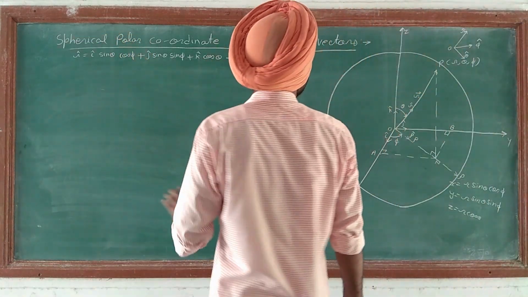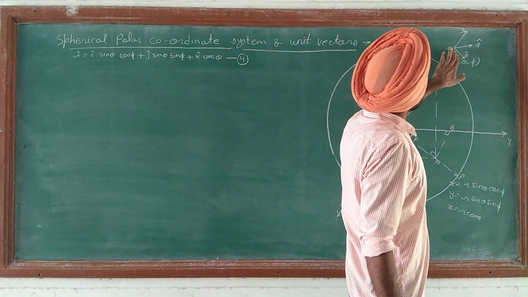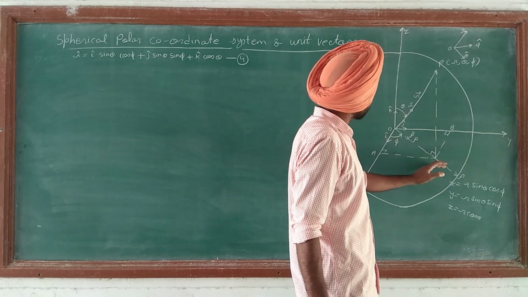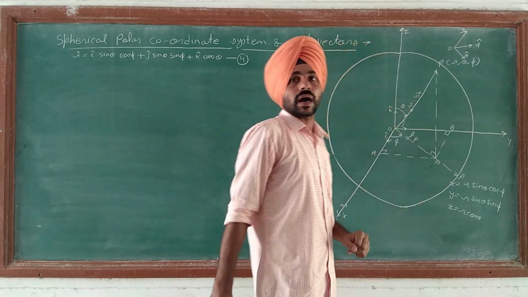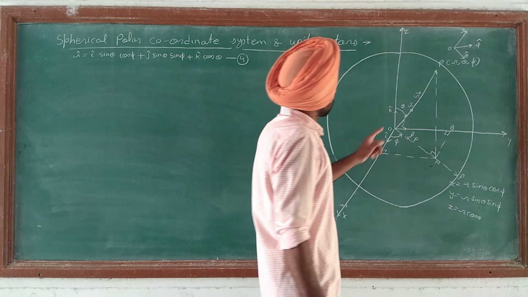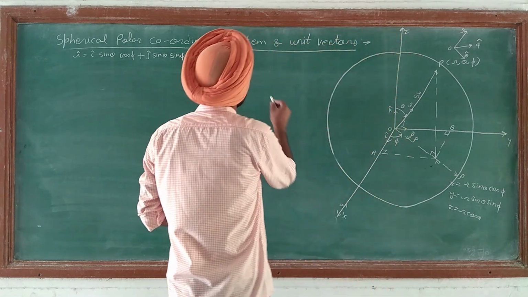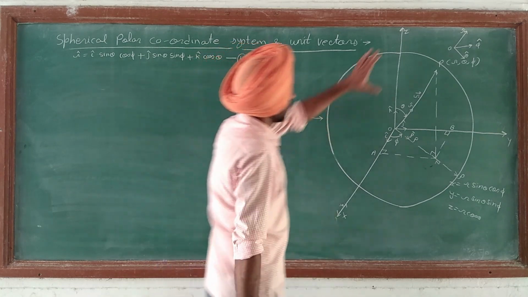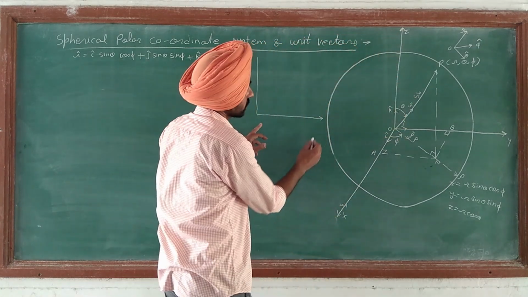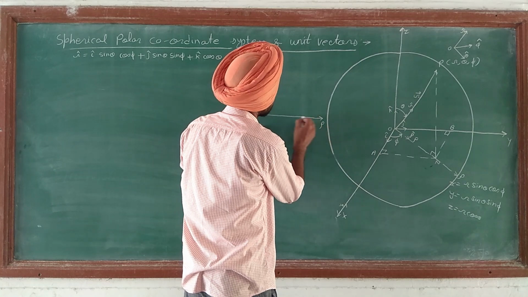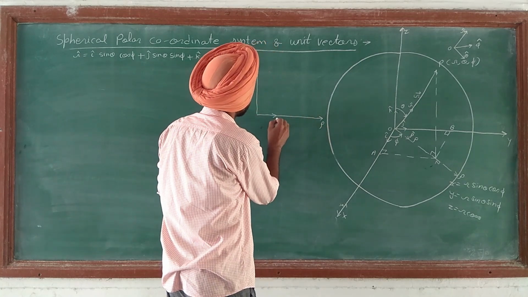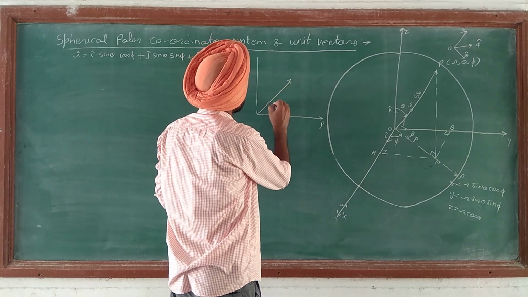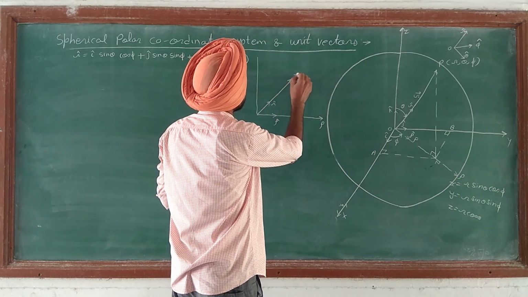Now we are interested in finding the unit vector theta cap. Theta cap again lies in the z-rho plane, but it is perpendicular to r cap. So it's better if we redraw this part of the diagram separately. This is the rho axis, unit vector rho cap. This is unit vector r cap, vector r.